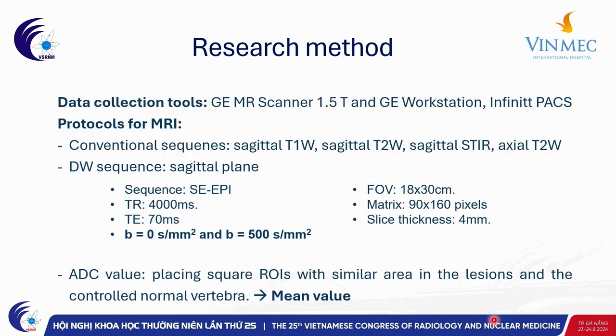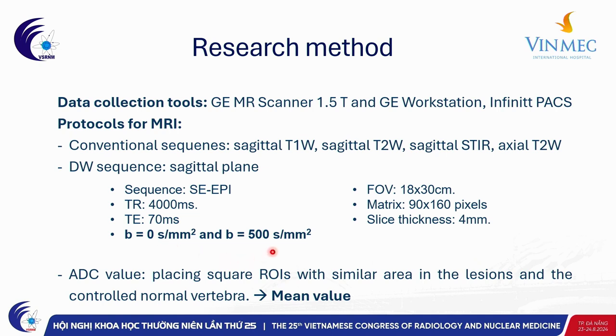The data was collected using a GE MR scanner 1.5T and a GE workstation, we're using Infinite Parks. And the basic protocols, as you can see on the screen, the main point is that we're using b-values with 2 values, B1 and B500.